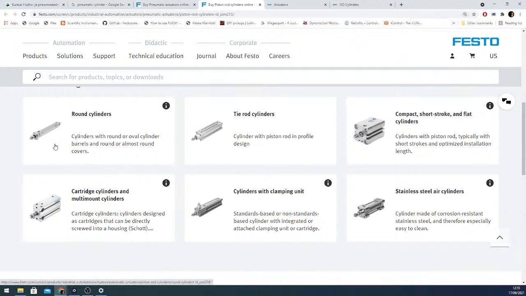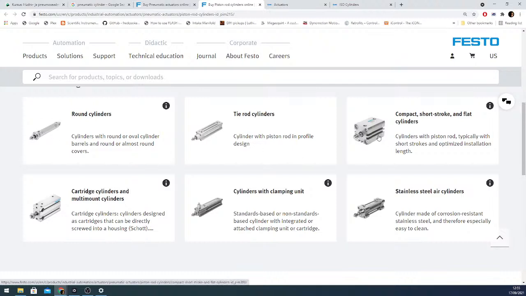The most known or common, or usually, if we talk about a piston rod cylinder, what comes to mind usually for people is the round cylinder.